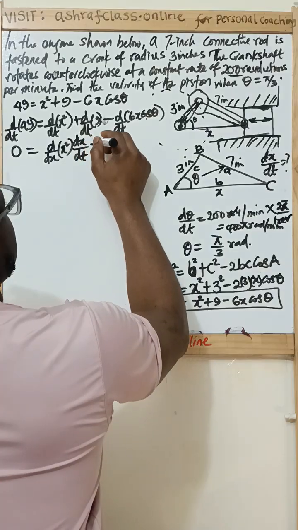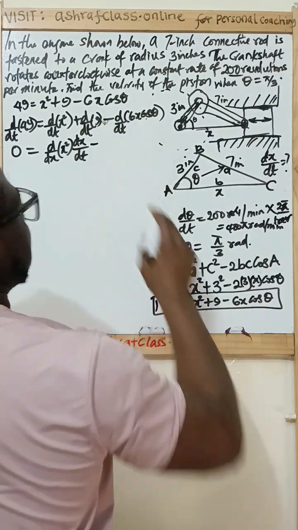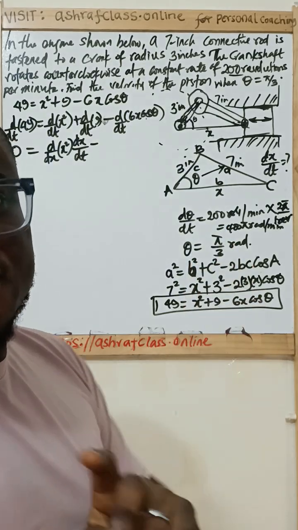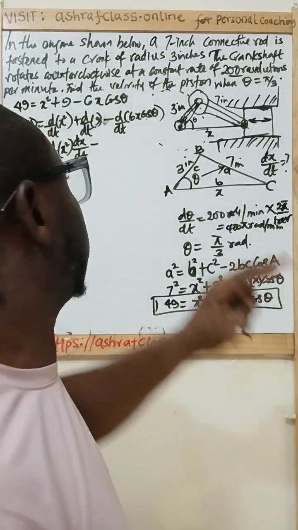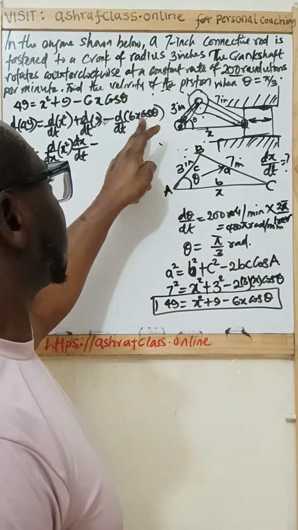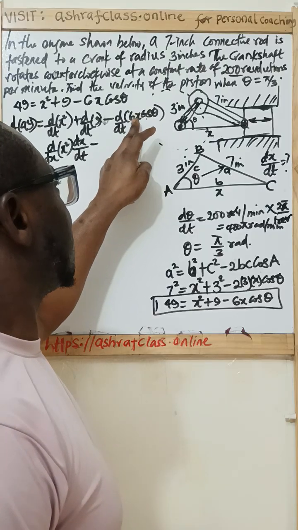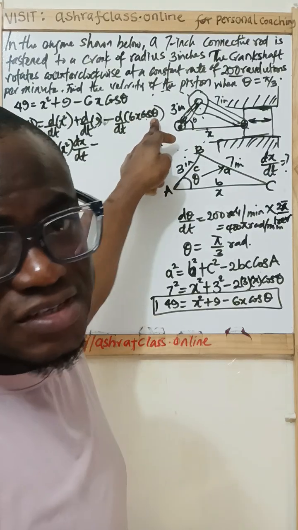Now we differentiate this last term. We apply the product rule because there are two functions involved, 6x and cos theta.